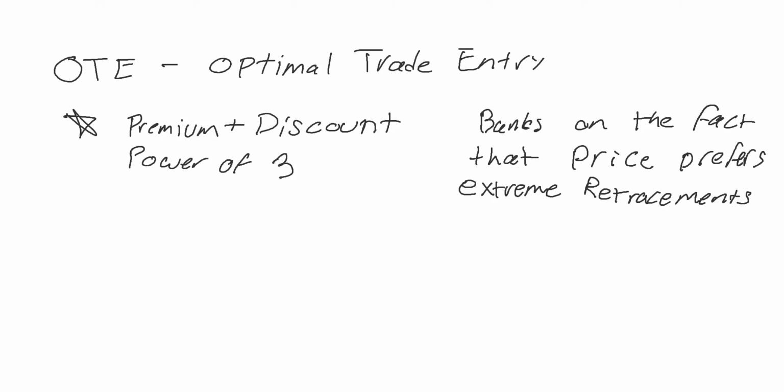Now, who can tell me why price prefers extreme retracements? Who can tell me why? And you guys can unmute your mics, or you guys can just talk and chat, whichever way is fine.